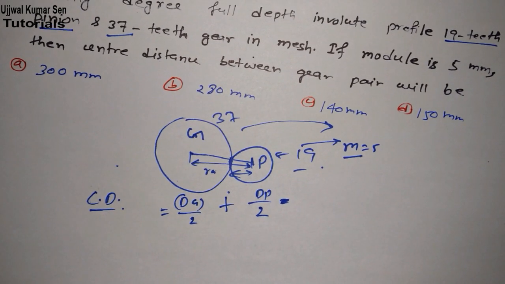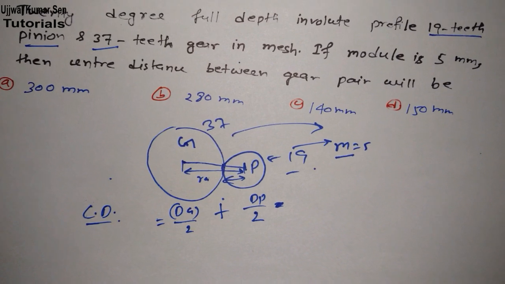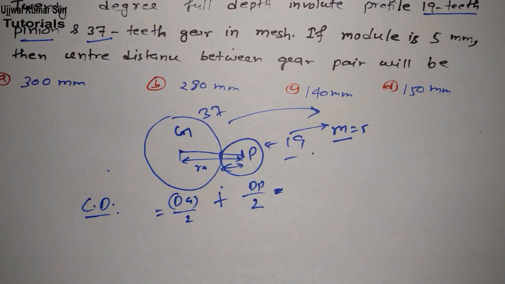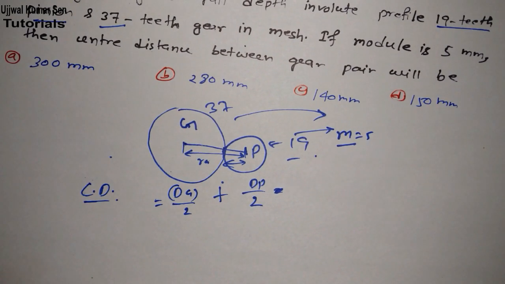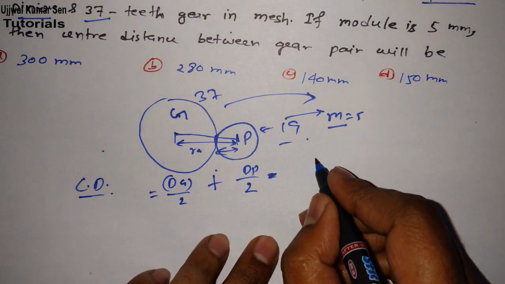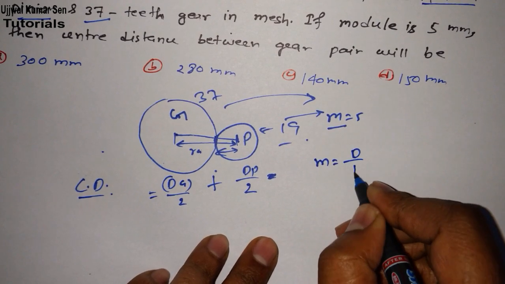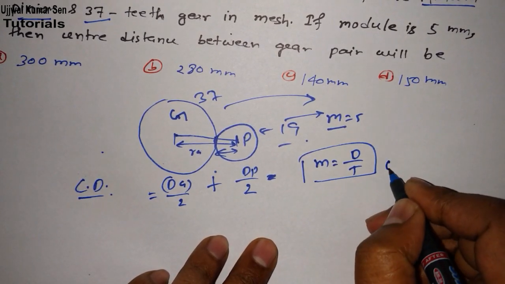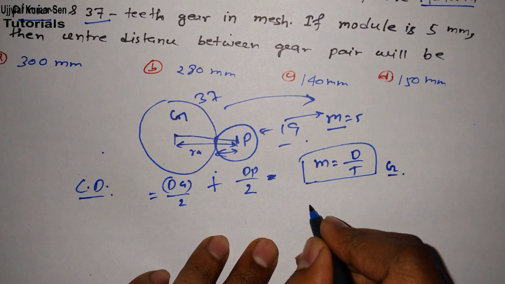Now what is required is the formula for this numerical problem, that is, the diameter of the gear and the diameter of the pinion. As I have already shared with you, the formula is module equals d by t. Let's apply this to the gear.